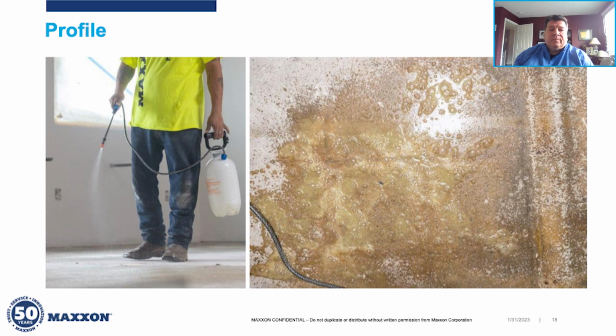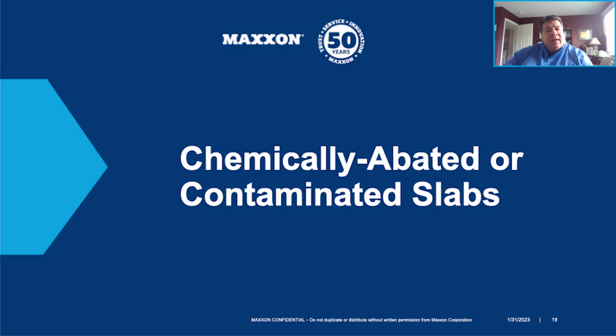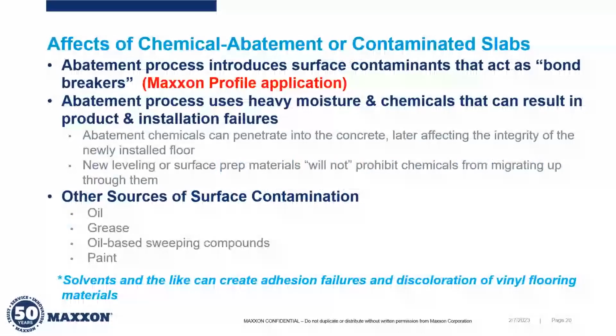Okay, so the third issue we want to talk about today is what if you have the need to install floor covering in a space that's been chemically abated or has a surface contaminant on it. So when we talk about the chemical abatement process, there's usually two results that you get from a chemical abatement process.